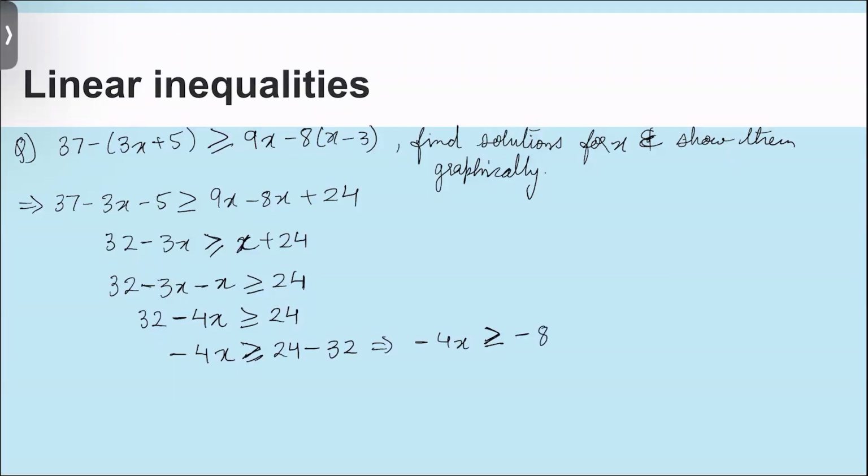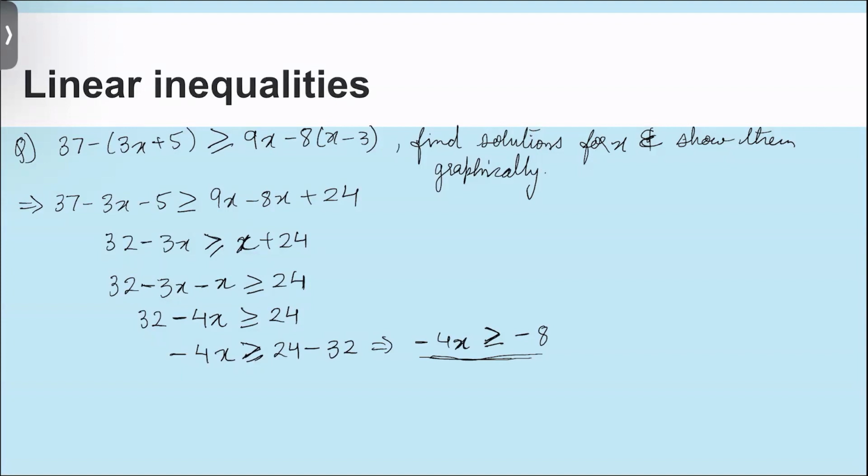Okay, now when you get a simplified linear inequality in this form, with only one term with the x variable and only one constant on the other side, you can divide both sides by the coefficient of the variable.